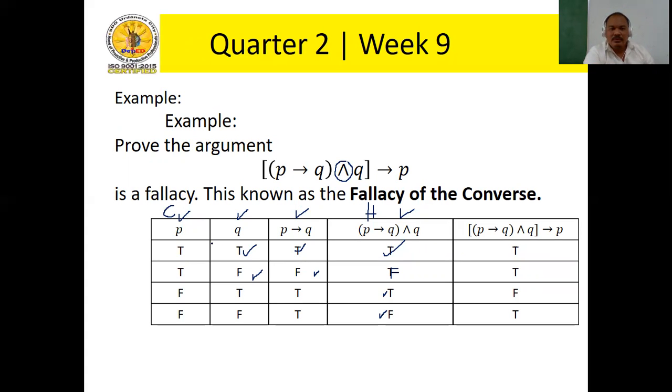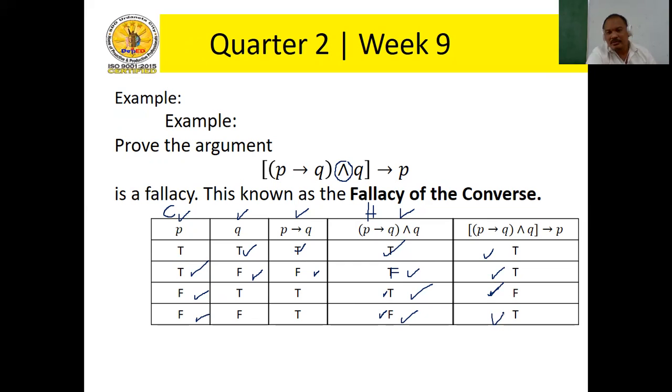So true now, going to true, yes, true. False, true, the conclusion is true, therefore this will become true. Then true, false will become false. Then false, false will become true.